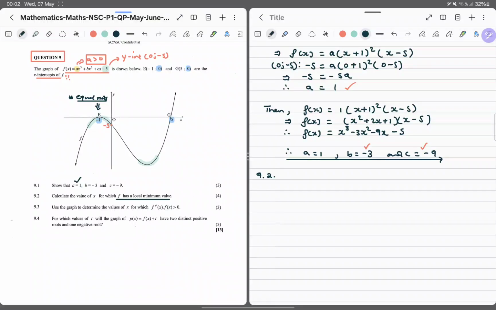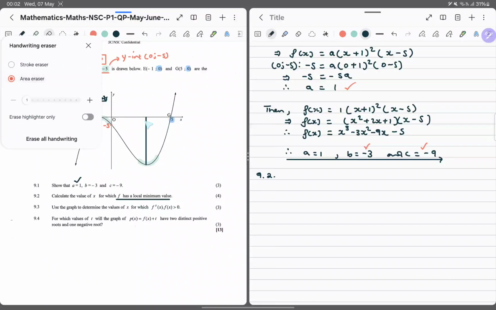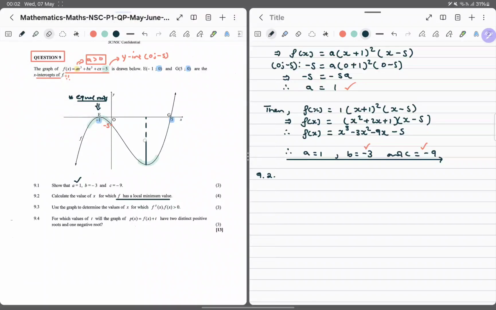So this is the point we're talking about, this is what passes through that point. So the examiner is asking a very important question as to what is the x-coordinate there.